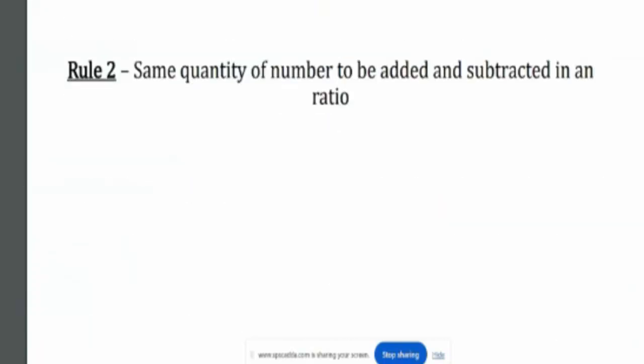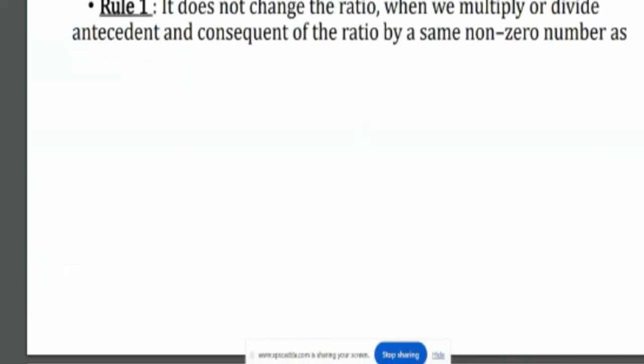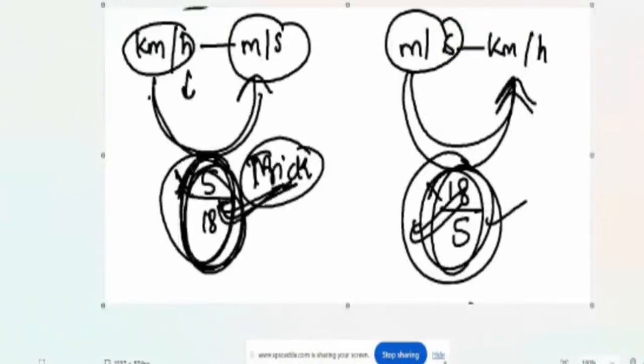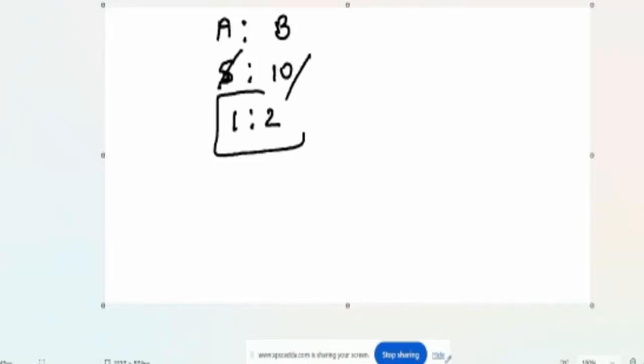See, these are some properties that you definitely need to know. First, the ratio does not change when we multiply or divide the antecedent and consequent of the ratio by the same non-zero number. Let's take an example. You have a ratio A and B as 5:10. First, you have to simplify this ratio. We divide by 5, so it becomes 1:2. This is the correct ratio.